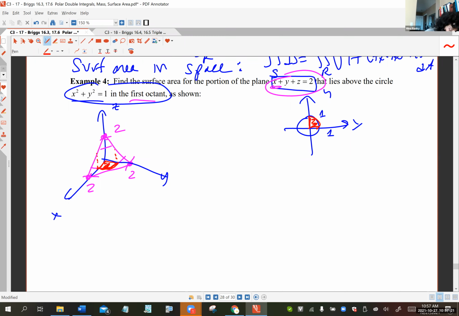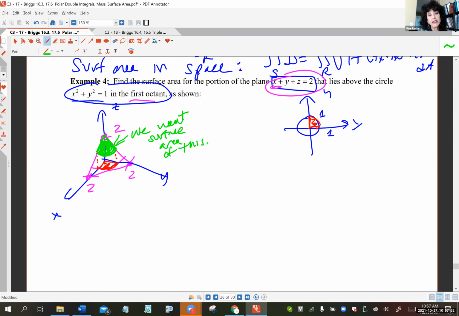So if I had to actually shade the portion of the plane that's hovering over that circle, it would be this. It kind of looks like a pizza slice, actually. Yeah, we want the surface area of that. That's the portion of the plane that's hovering over that quarter of a circle.